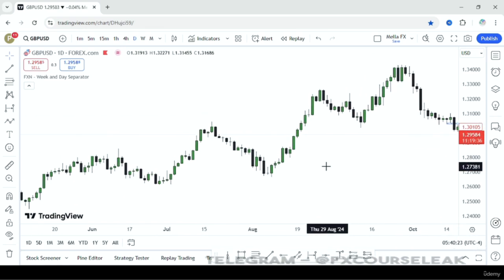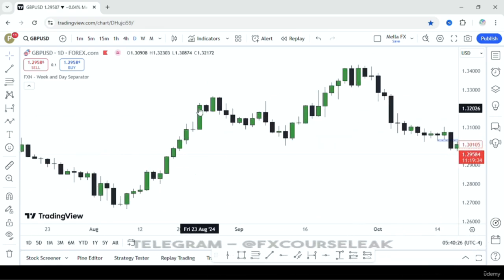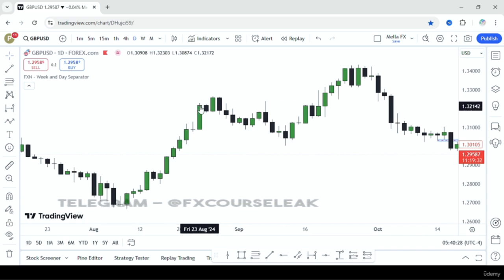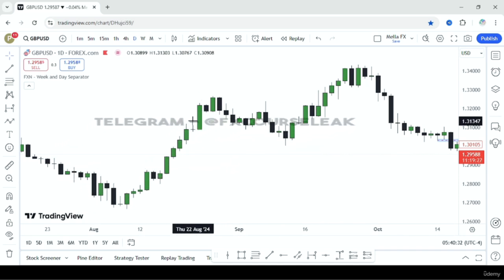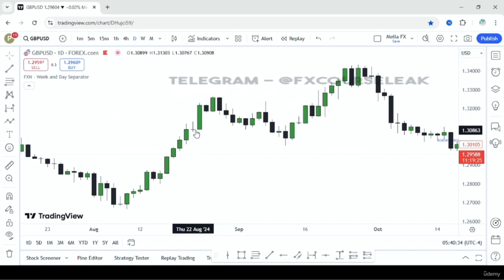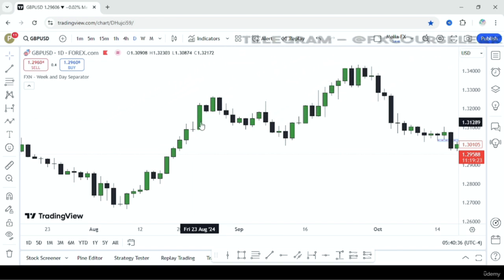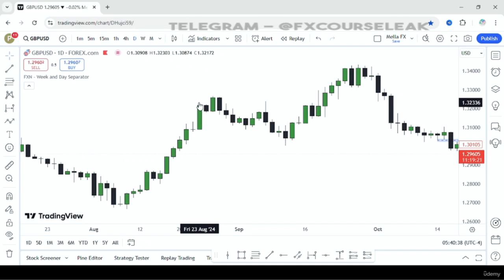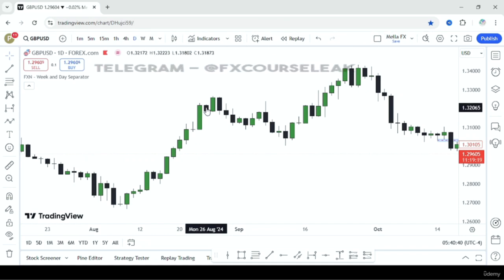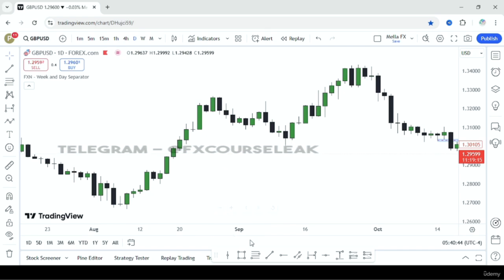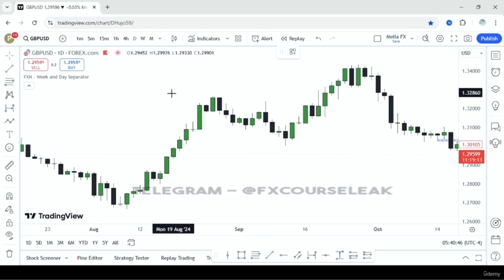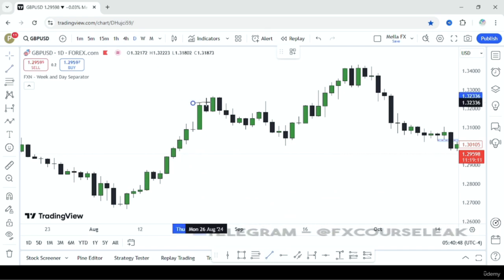You can see even this is a swing high. I have said that a swing high is when, on the left side and on the right side, we have highs which are below the high of this candle. Even this one did not make a higher high; instead, it was below. So this is also a swing high.